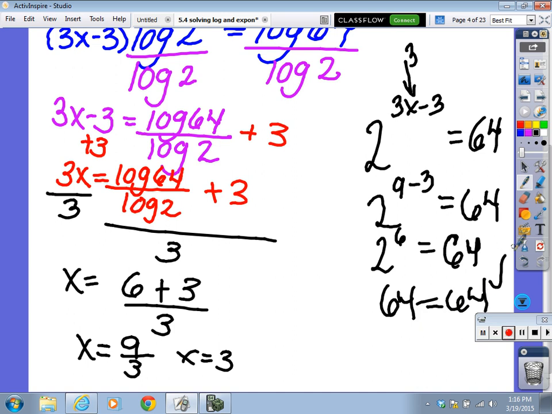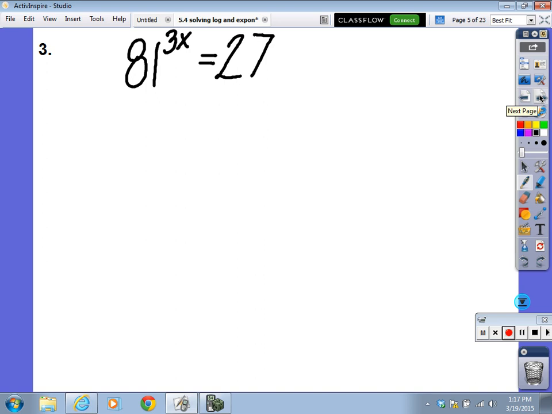Only one more example, then I'll let you work on quite a few of them. So let's just do one more. We have 81 raised to the 3x is equal to 27. We're trying to solve for x. This is an exponential, so we need to pull x out of our exponent. So we're going to take the log of both sides.